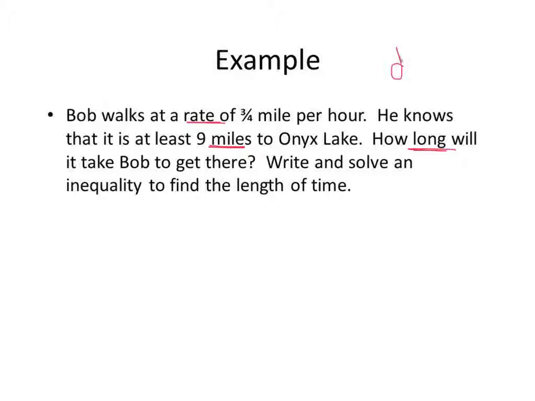It should make you think of D equals RT. The only thing now is that this is going to be an inequality because it's at least 9 miles. So if we flip this around to RT equals D, RT has to be greater than or equal to the distance.